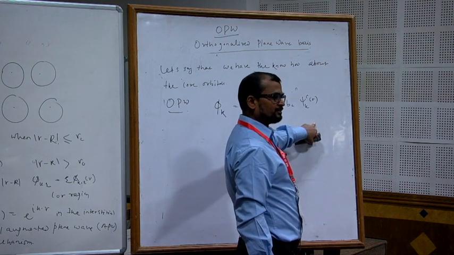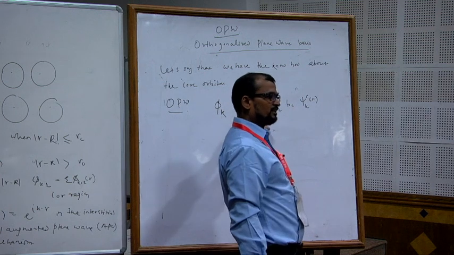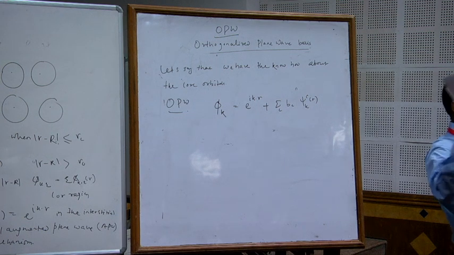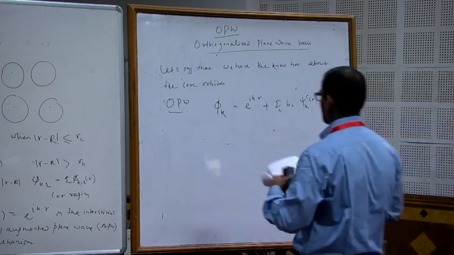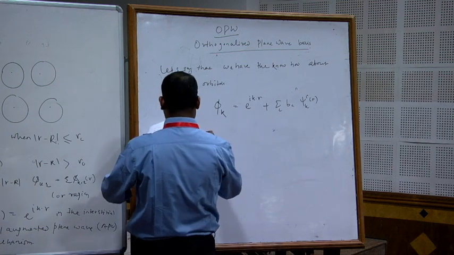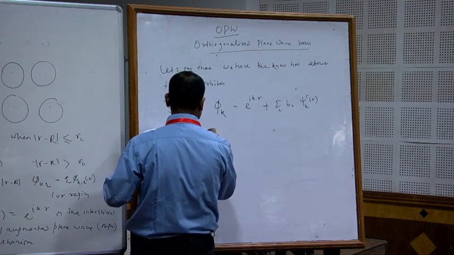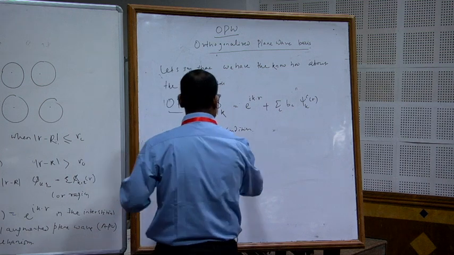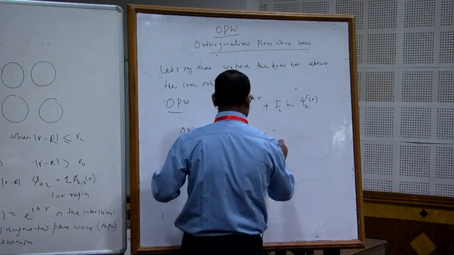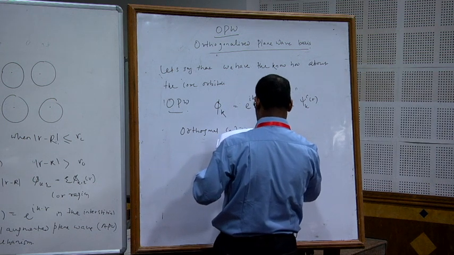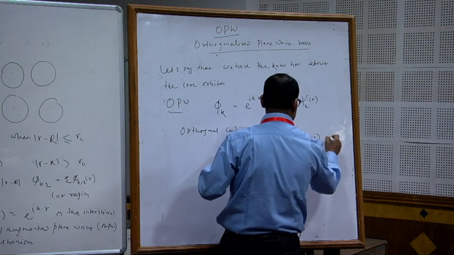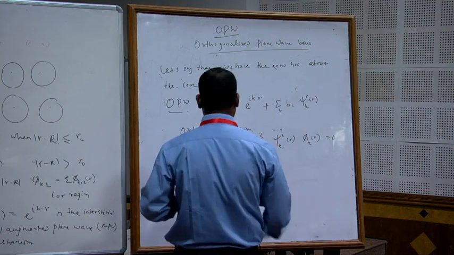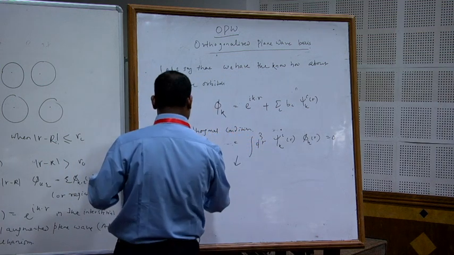But then I impose a condition, because this wave function has to be orthogonal to the core states in the core region, right, in the muffin-tin sphere. Therefore, I have to put the orthogonality condition, which is nothing but you take the integral d^3r psi_k^c star(r) phi_k(r).